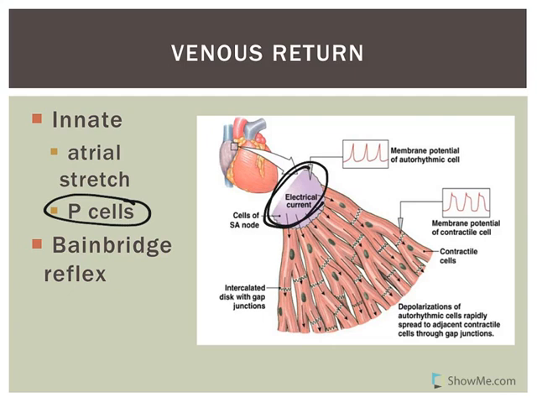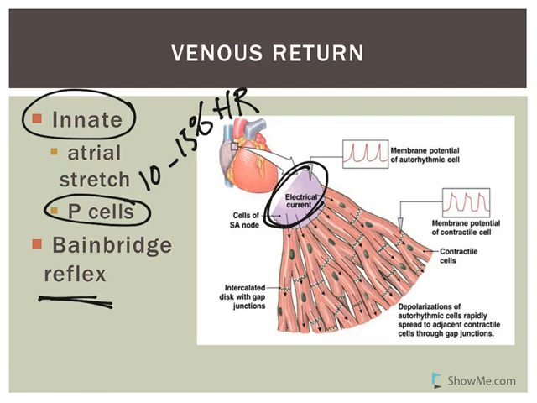You're deforming the membrane, making it more permeable to sodium ions, and as a result, it depolarizes at a faster rate. So just stretch of those P cells is going to lead to an increased depolarization rate of the pacemaker cells, and heart rate increases. Now it's only about a 10 to 15% increase in heart rate over baseline compared to the Bainbridge Reflex. So this is actually innate.